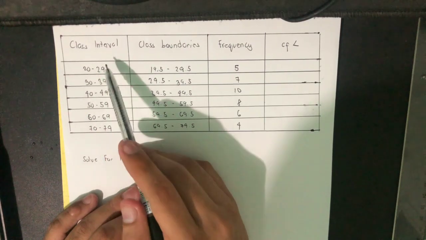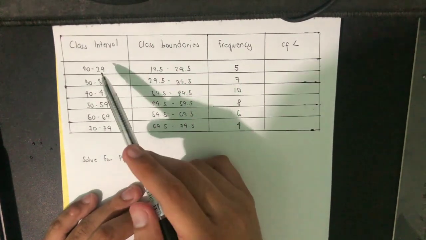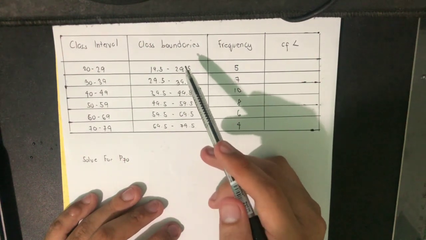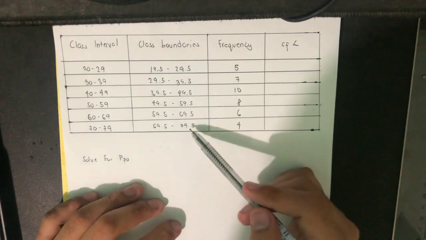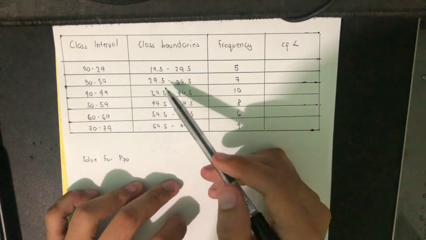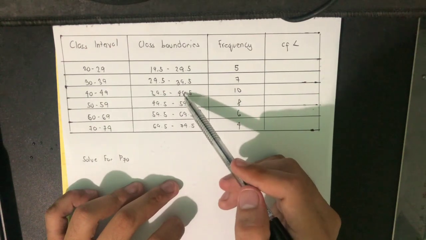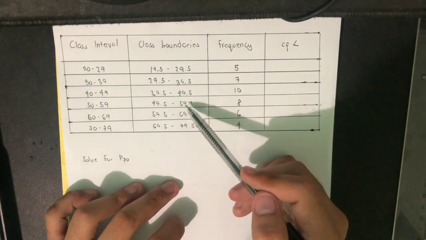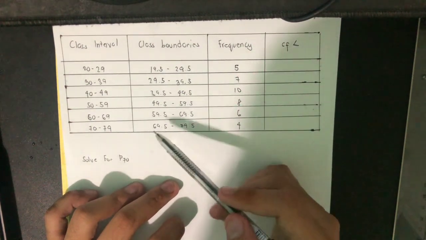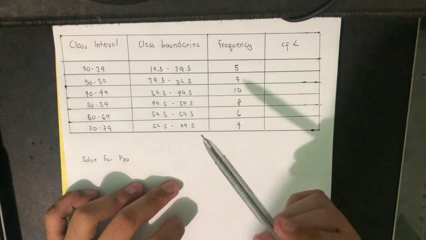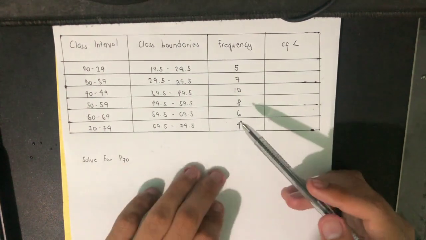So 20 minus 0.5 is 19.5, 29 plus 0.5 is 29.5, and so on until we reach 79.5. So 29.5, 39.5, 39.5, 49.5, 49.5, 59.5, 59.5, 69.5, then 69.5 to 79.5. It depends on the given.